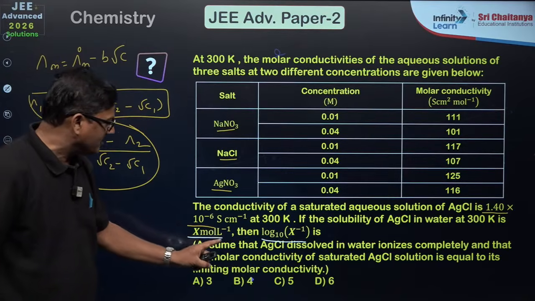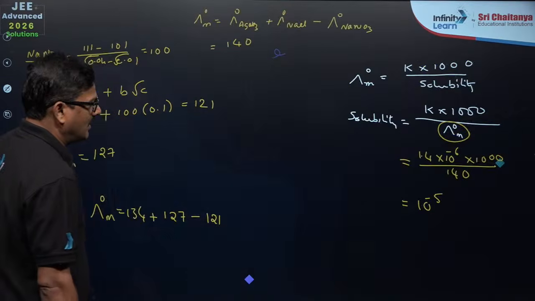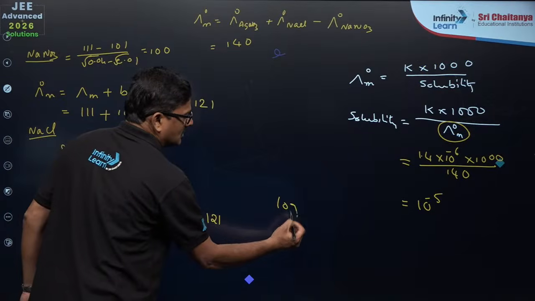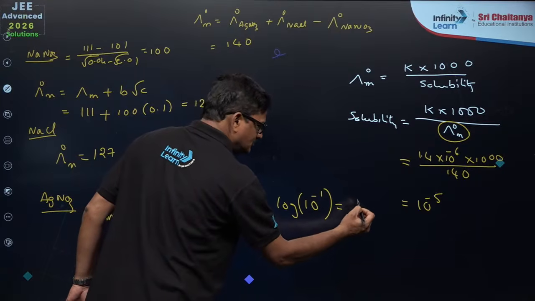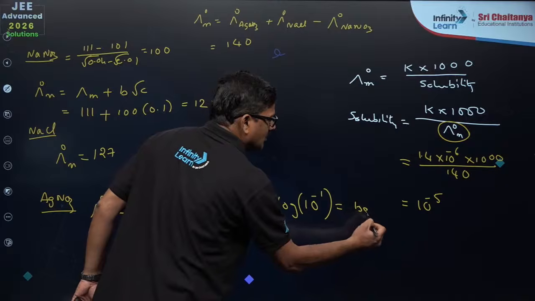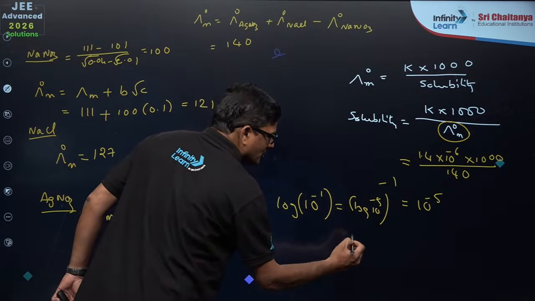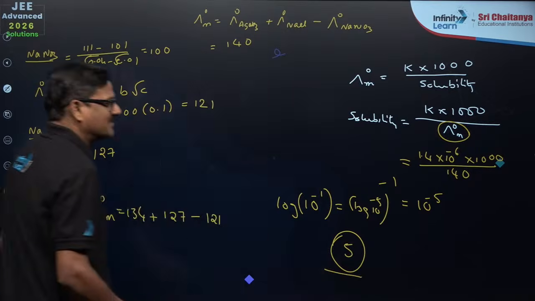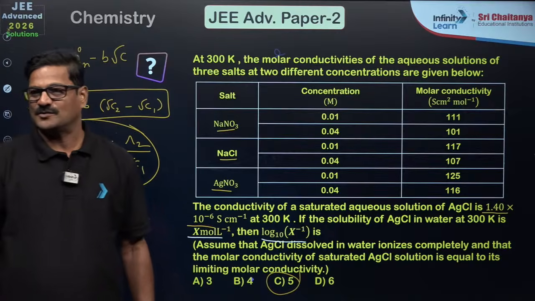This solubility we got is 10 power x minus power 1, and 10 power minus 1 is equal to 10 power minus 5 to the power 1. So on doing so you are going to get 5 as the answer for this question. So C, 5, is the answer for this question.